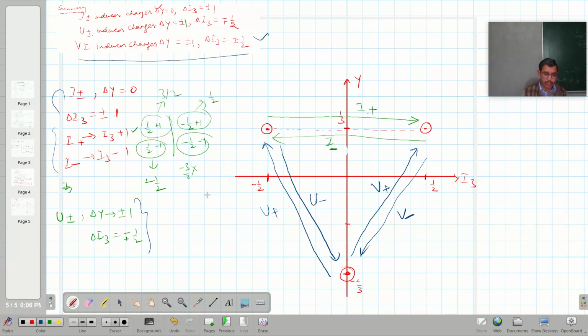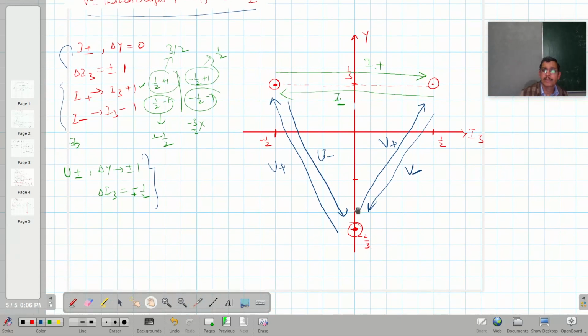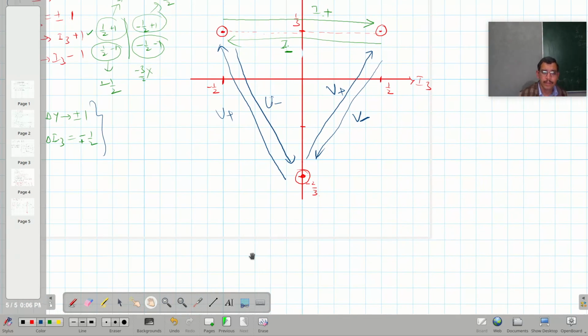So this is the pictorial representation of it. What does this diagram represent? This diagram represents the action of step operators.